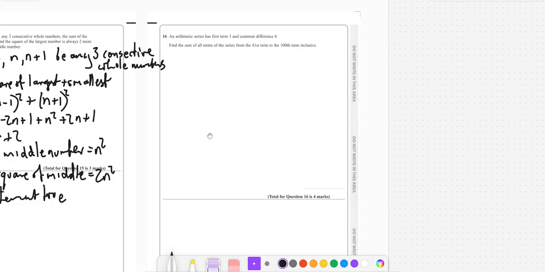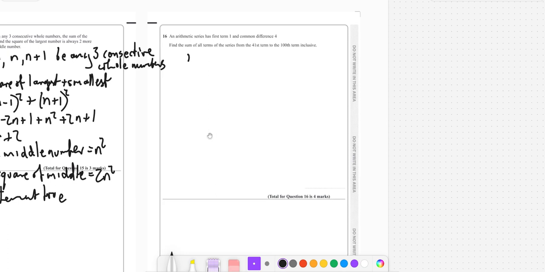So, there are a number of ways of doing this, but I think the easiest is probably to say, okay, let's do the first 100 terms and then take away the first 40 terms.